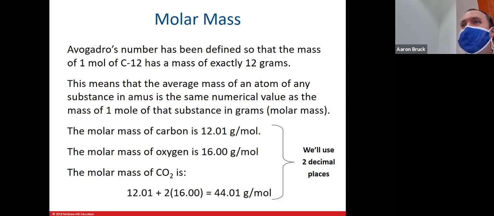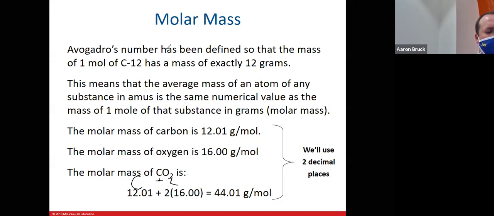So if I wanted to know those numbers individually, all I'd have to do is look them up on the periodic table. If I wanted to look up the mass of a compound like carbon dioxide, where I've got one carbon and two oxygens, then all I would need to do is take the mass of a carbon and add to it the mass of two oxygens, again, using the values from the periodic table.